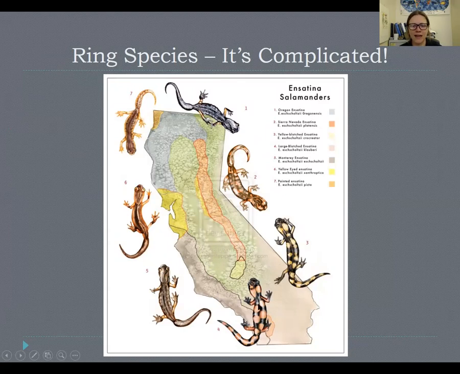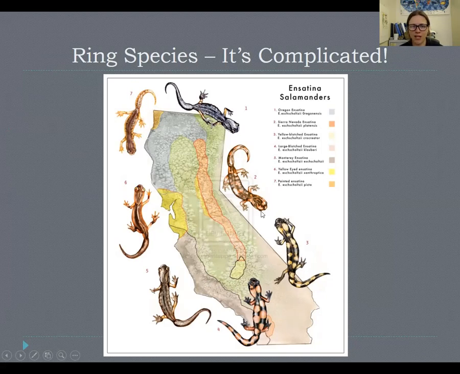So practically, a salamander that's living down in San Diego is not going to be breeding with a salamander that's up in the Siskiyou Mountains, the Klamath Mountains in Northern California, but it might be interbreeding with salamanders that are closer to it, like more from the coastal range or more from the Southern Sierra. So there's going to be some transfer of genetic material across populations that are nearby.